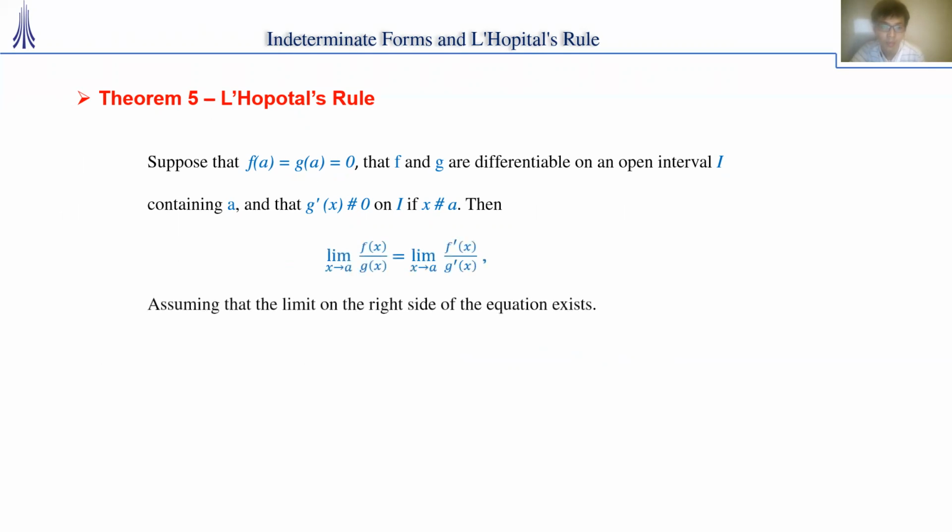Then the limit as x approaches a of f of x over g of x equals the limit of f prime of x over g prime of x as x approaches a, and we assume that the limit on the right side of the equation exists.